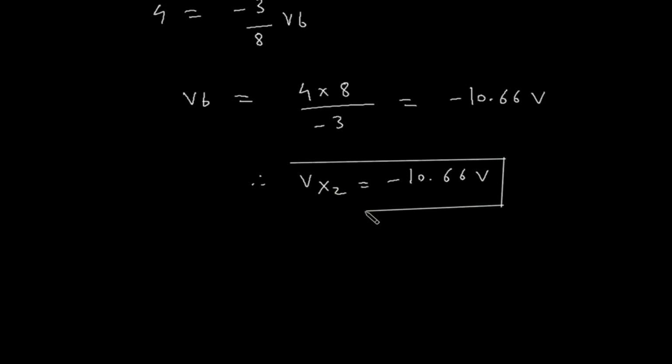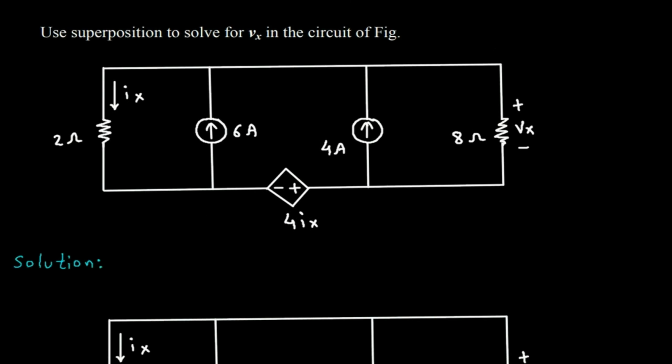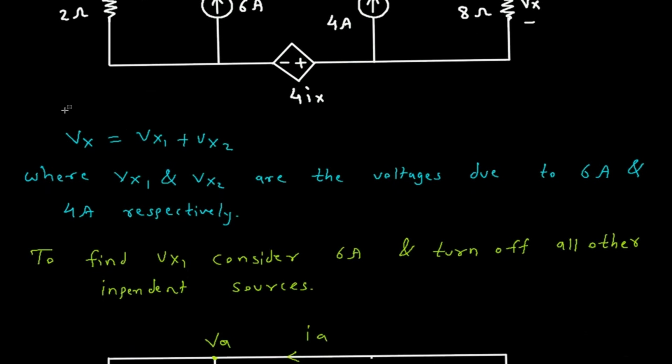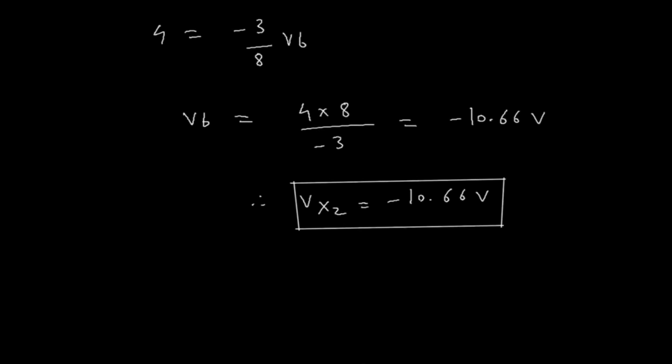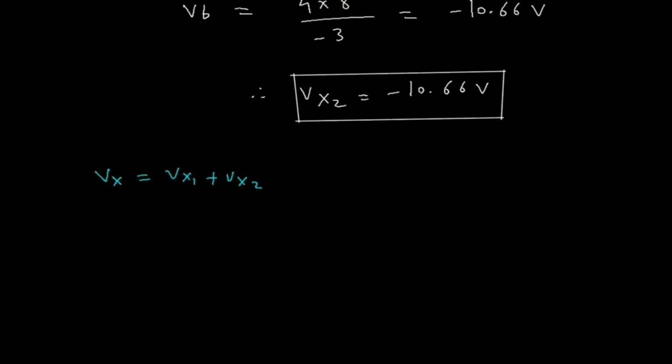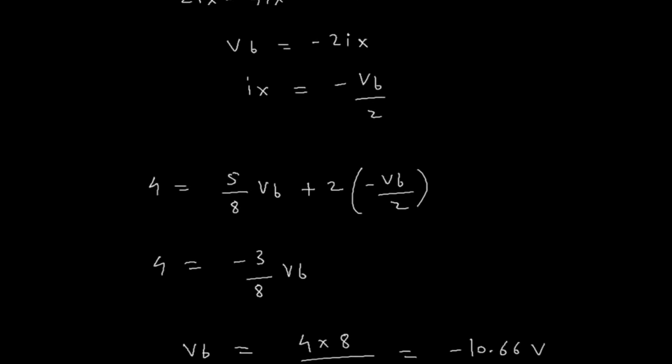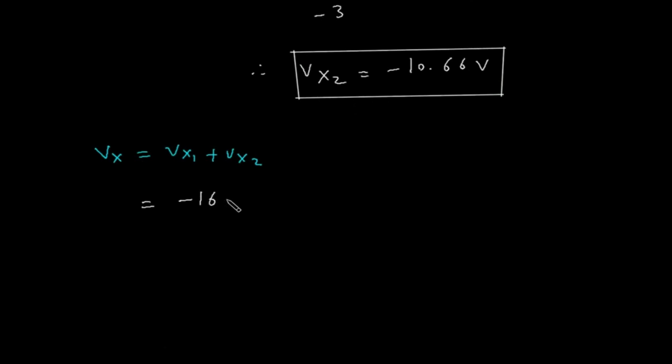Now we have the value of Vx1 and Vx2. What we have to find? We have to find Vx using superposition theorem. Vx is equal to Vx1 plus Vx2. Vx1 is minus 16 volt. Minus 16 volt plus Vx2 is minus 10.66 volt.